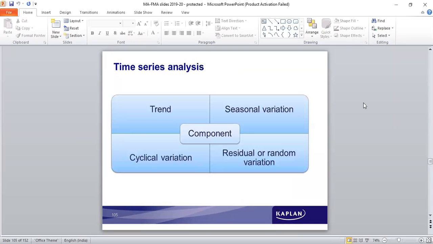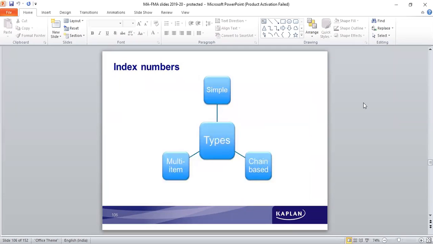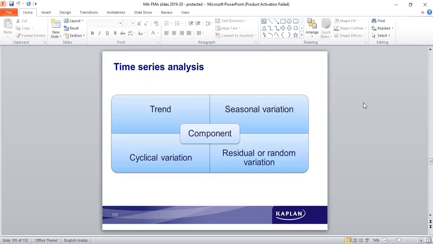Then we see time series analysis. Another technique is time series analysis. What does it mean? A time period, time, is the main factor. The data for a time period is taken and analyzed to understand the trend.